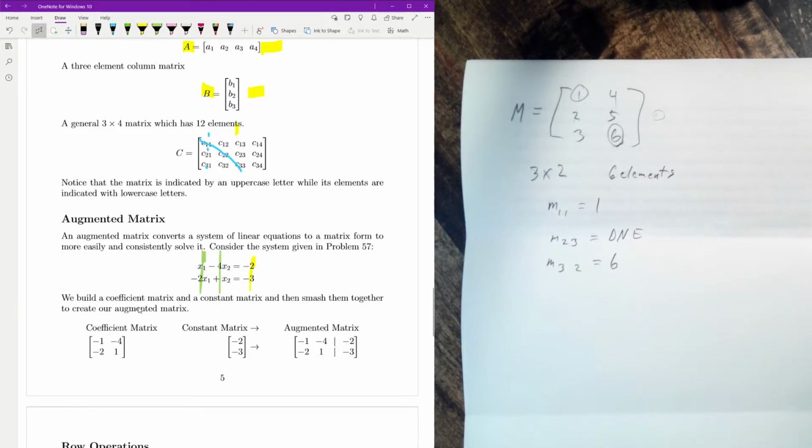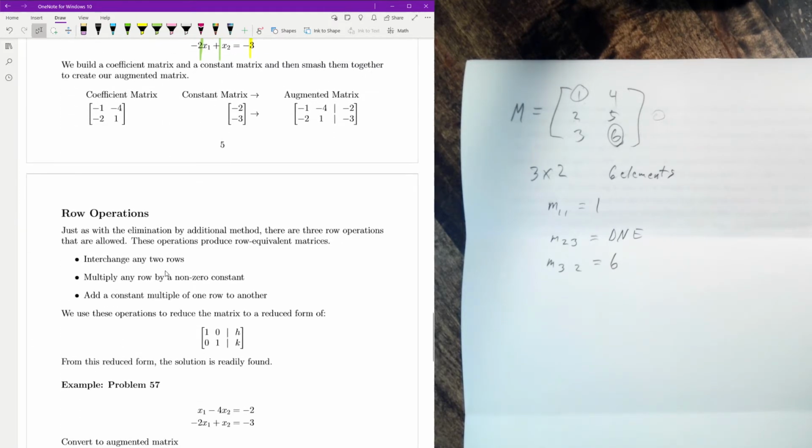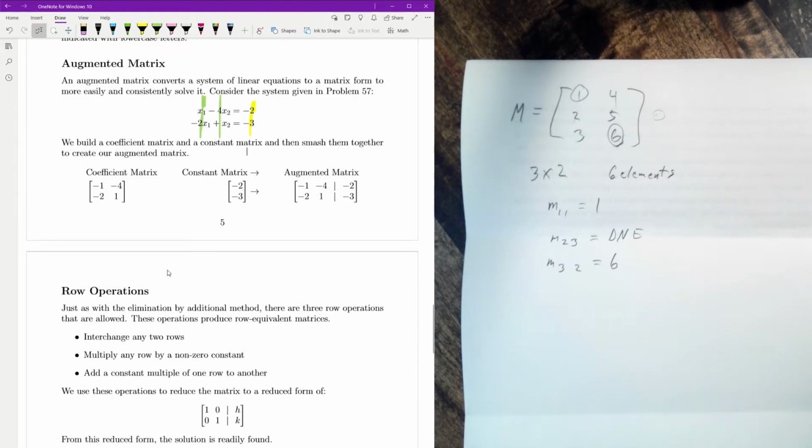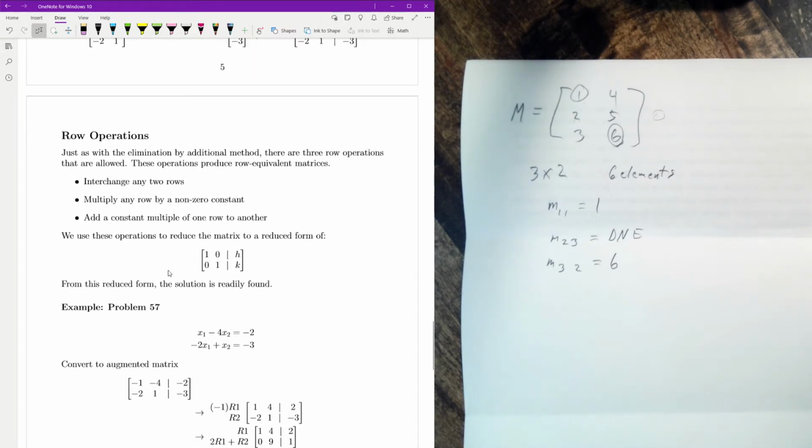So looking at it a little bit further, we see that the coefficients of this are... sorry, interesting.